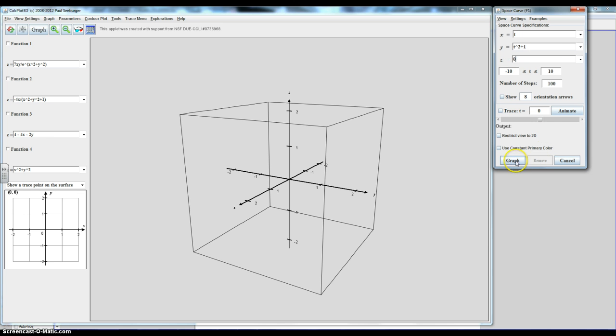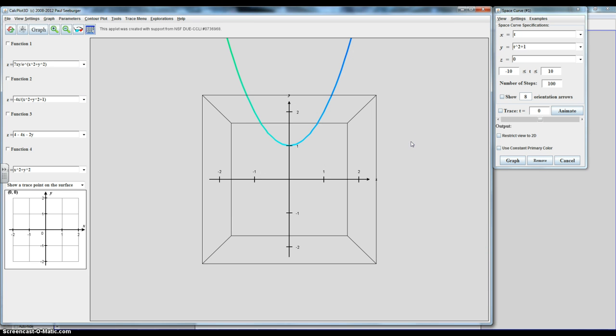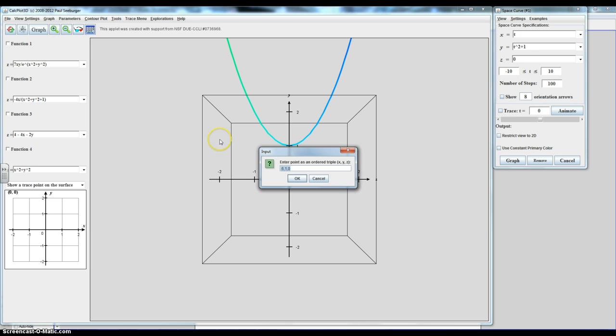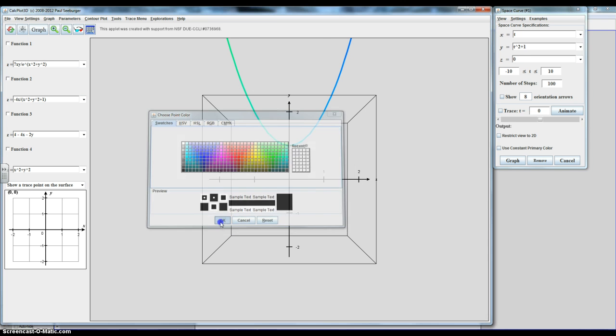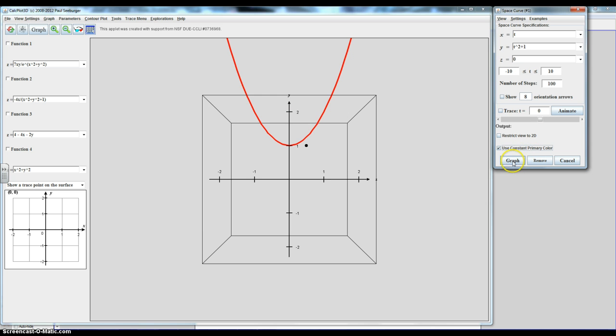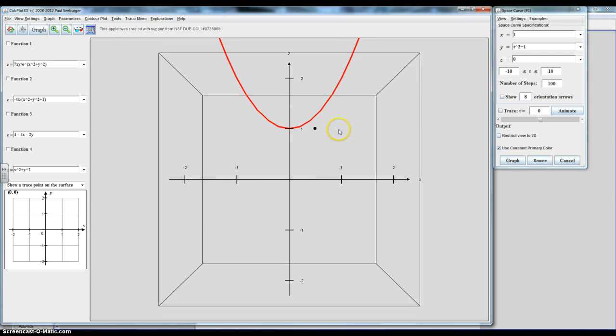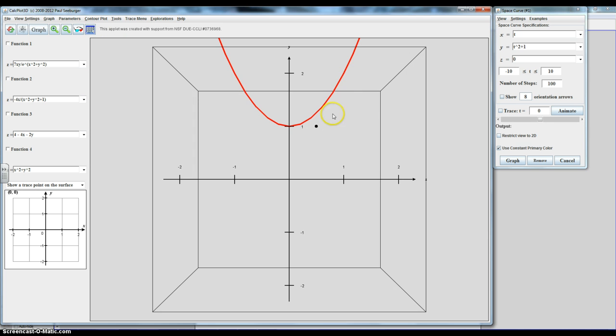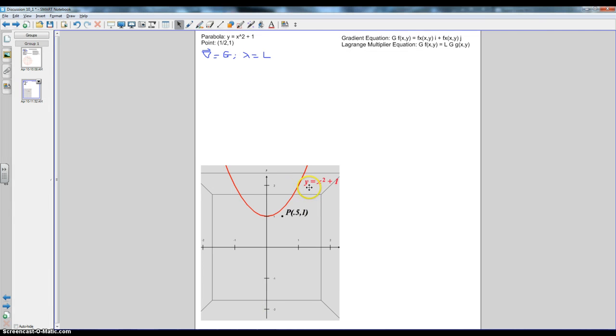Let's change the point to an xy point. Now let's add a point. The point is 1 over 2, so it's going to be 0.5, 1 and 0. Okay, let's make the curve the primary color. So here is the curve and the point that we have.